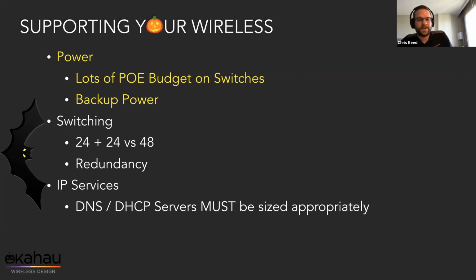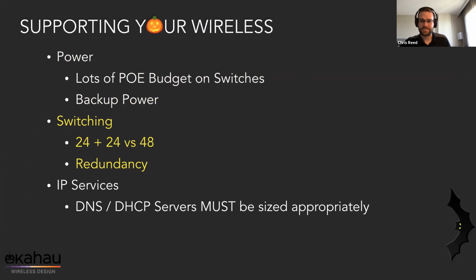And then as far as the switching side, there's a couple of schools of thought when it comes to switching. Do you do multiple 24-port switches so you're not throwing all of your eggs in one basket and getting a little bit better redundancy, or are you just doing the 48-port switches? And if you lose a 48-port switch, you lose 48 access points, and that's really specific to the venue.